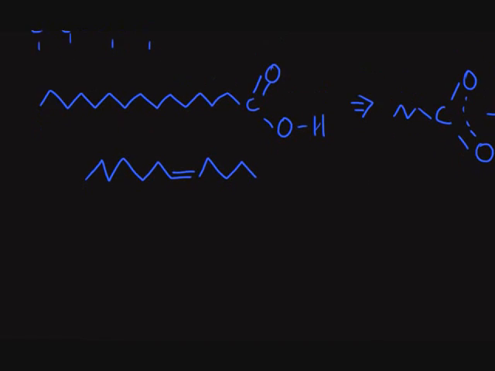So I'm going to talk about the second important class of lipids, and that's the steroids. To compare it with, for instance, proteins: we talked about proteins. You've got amino acids as the core building blocks.